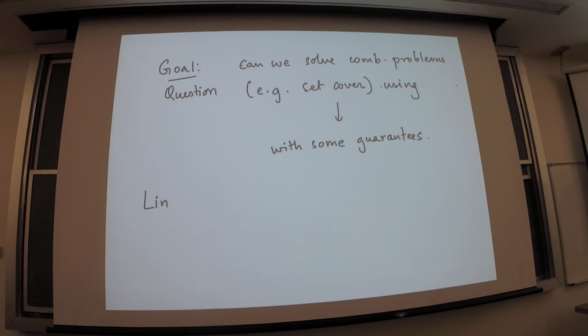Linear programs. These are continuous optimization.